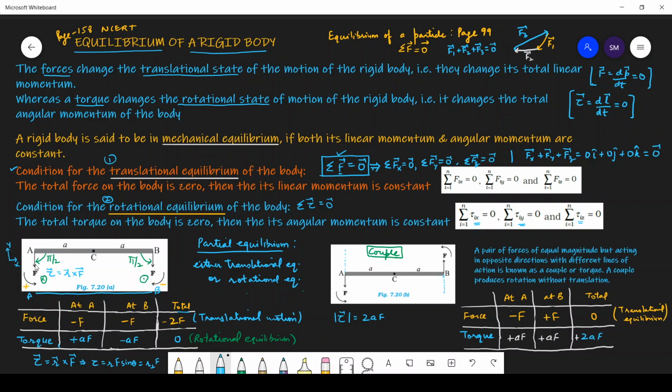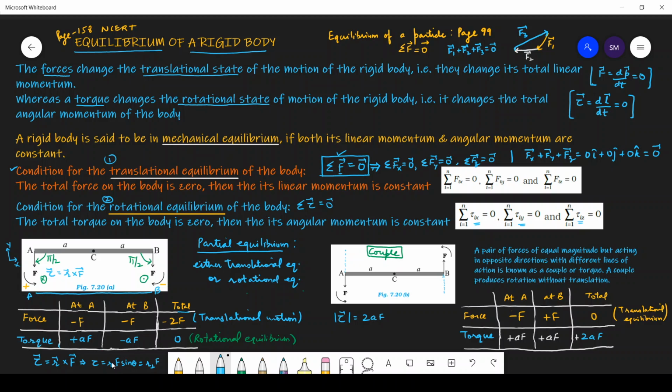Theta is 90 degrees, sin 90 is 1, so tau will be equal to r into F.